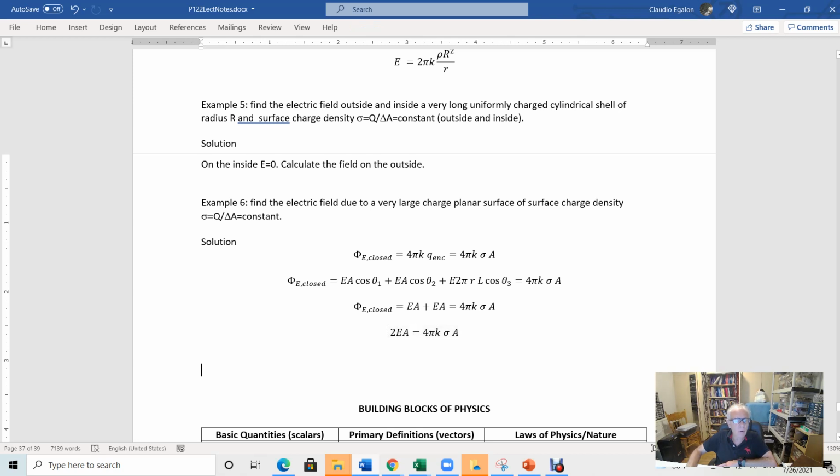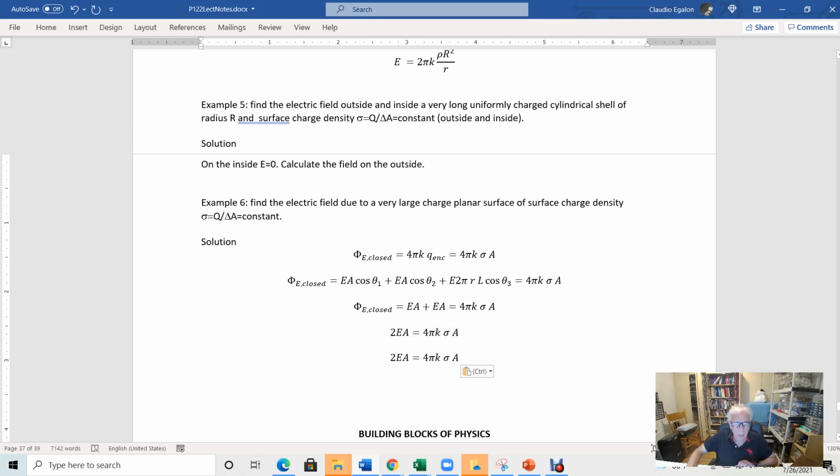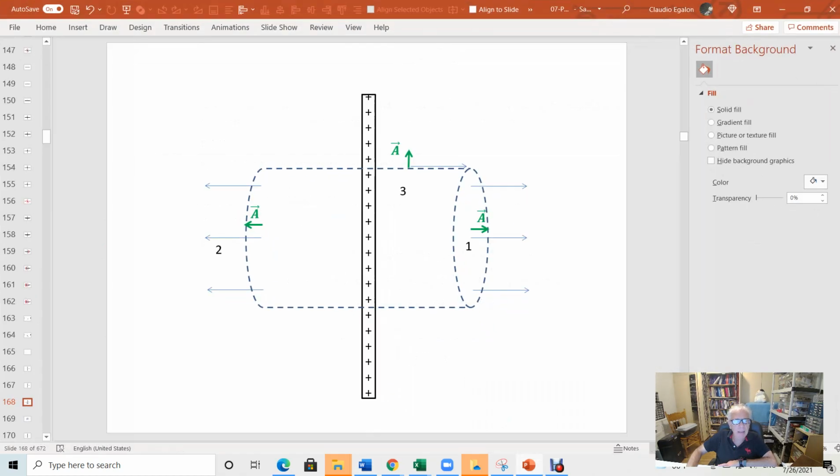The electric field, let's continue. I didn't finish, right? Here you go. I'm going to cancel out the 2. I'm going to cancel out the A. The 4 canceled out. The A is canceled out as well. And look what we get. We get an electric field that does not depend on the distance from the plate.